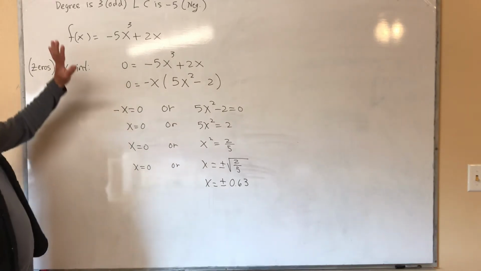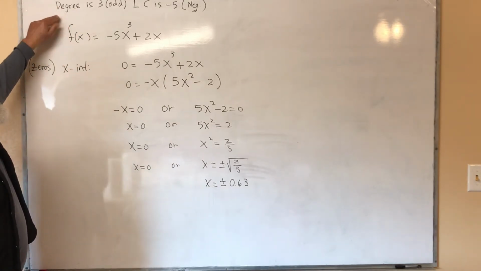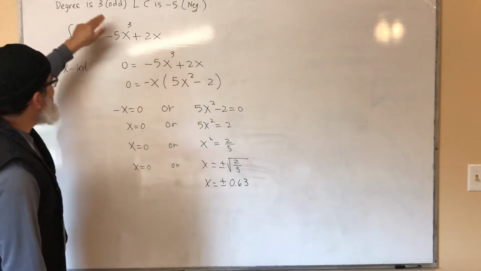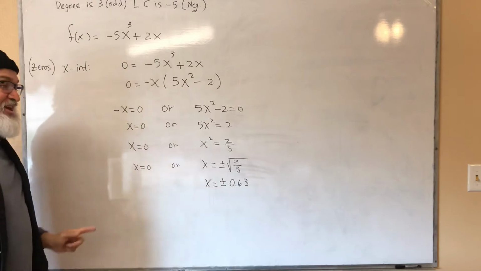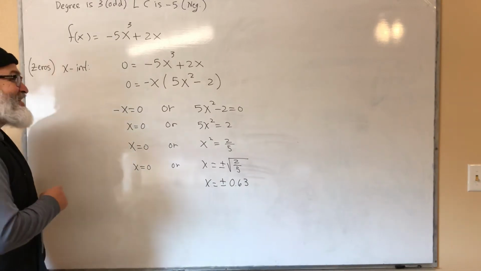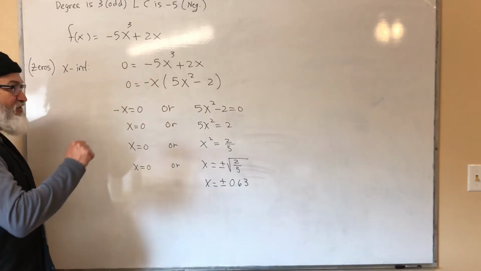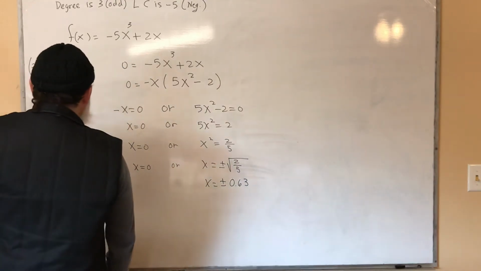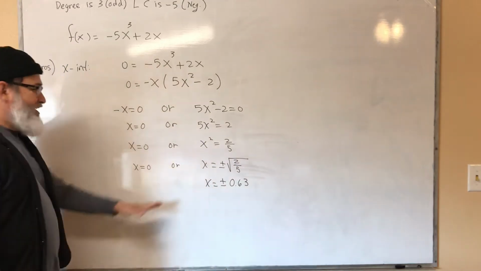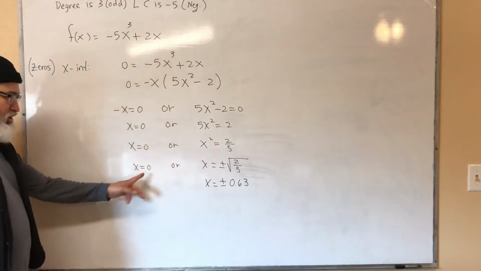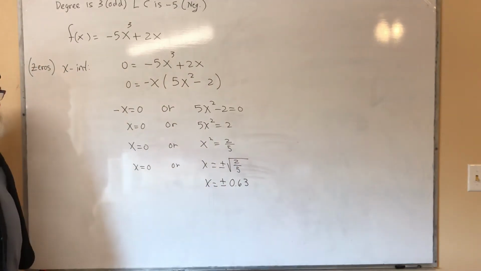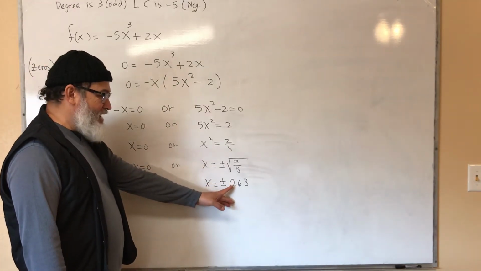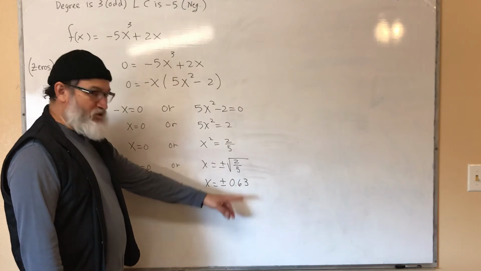We know that the degree is odd and the leading coefficient is negative. That means this function is going to fall to the right and rise to the left. We also found the zeros, at x equals 0 and at x equals plus or minus 0.63.